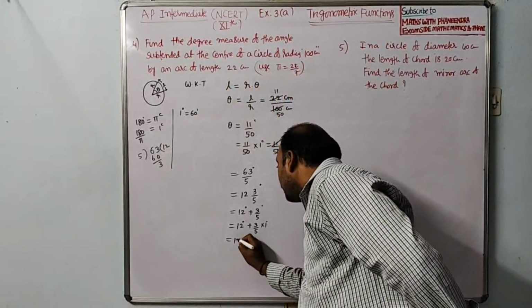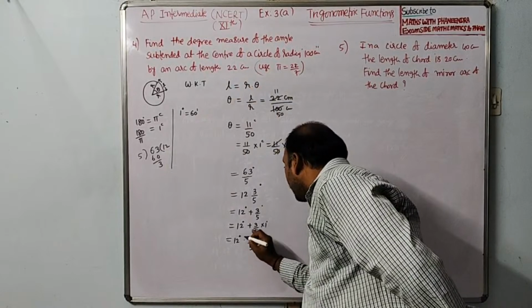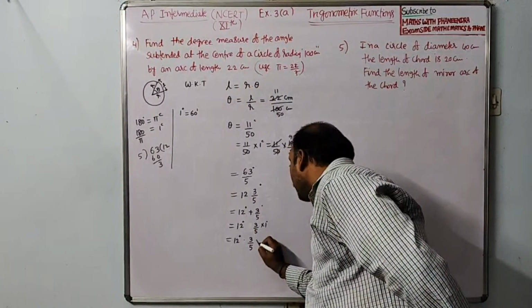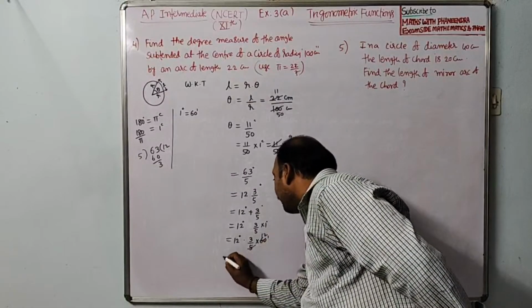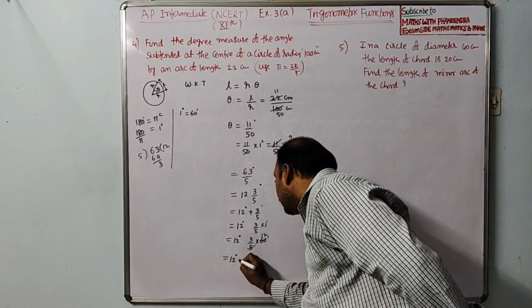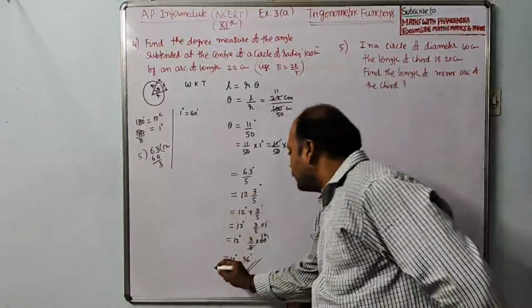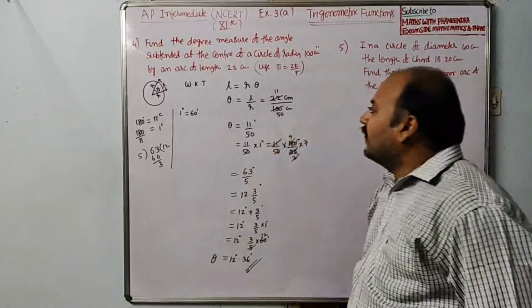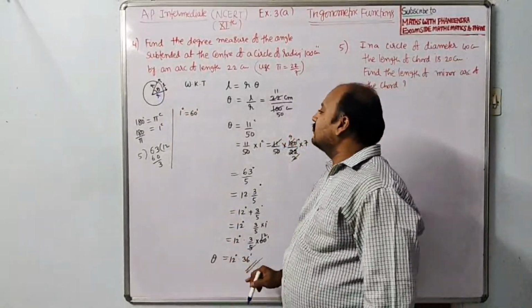So 12 degrees plus 3 by 5 into 60 minutes. 5 ones, 5 12s. So 12 degrees, 36 minutes. Therefore theta, the required angle, equal to 12 degrees, 36 minutes.